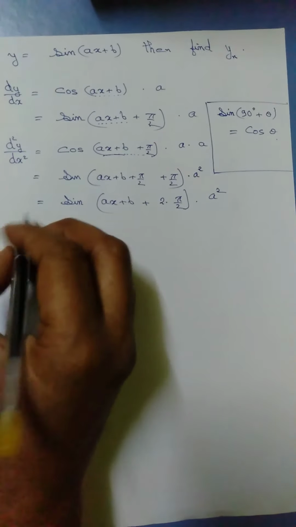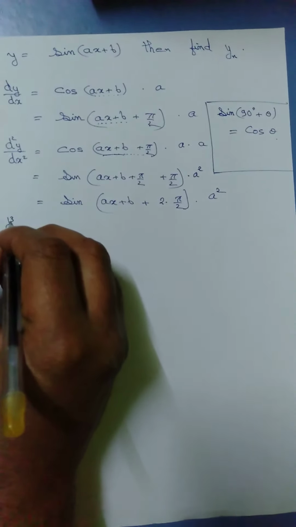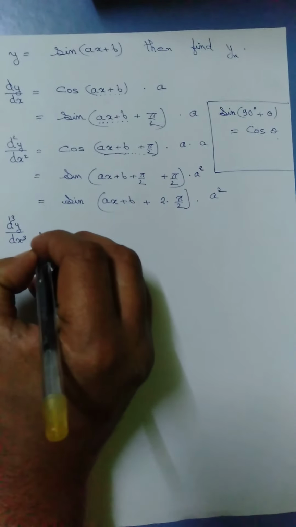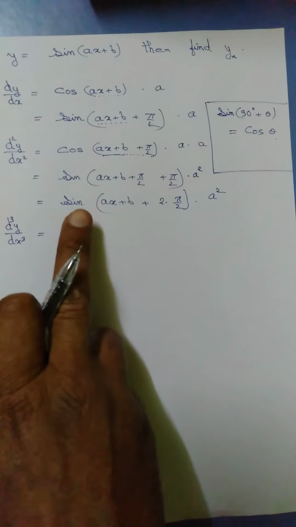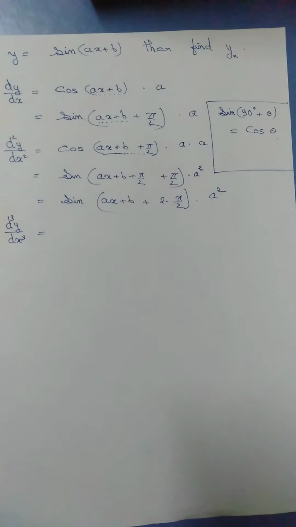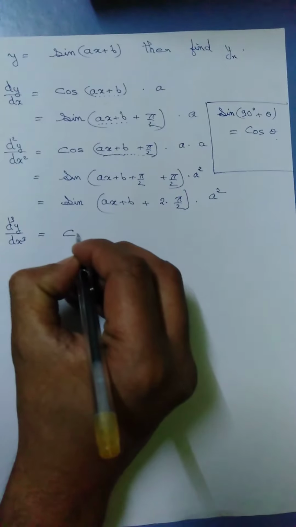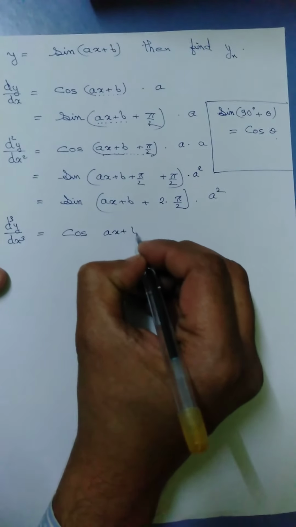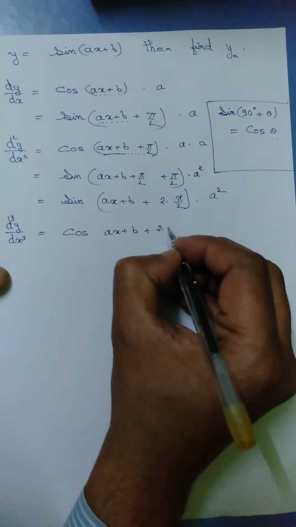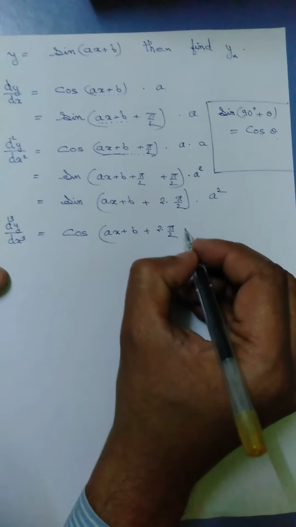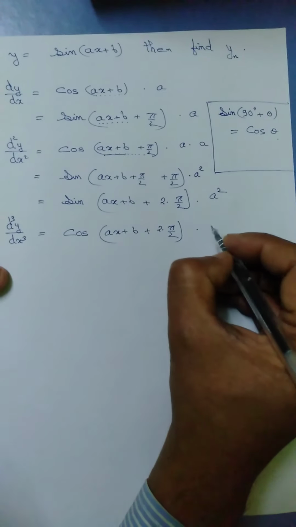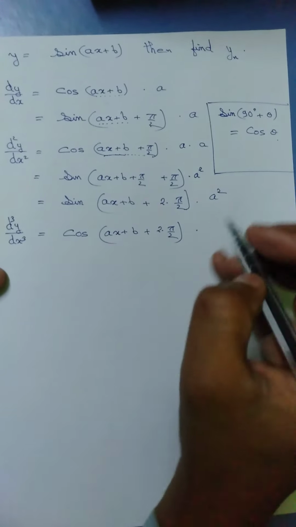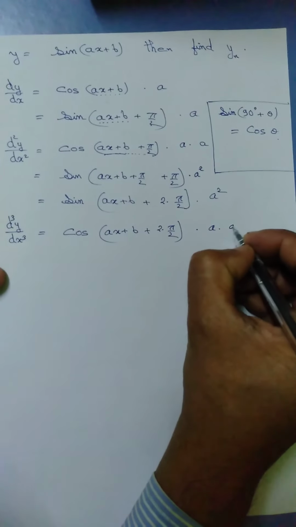What about the third derivative? Again you differentiate sine, then we get cos, but by the chain rule you will have a here.